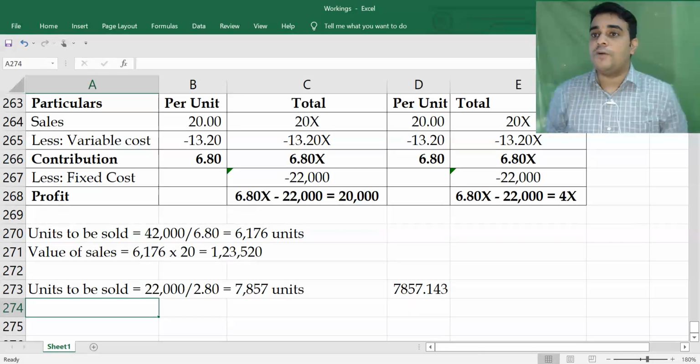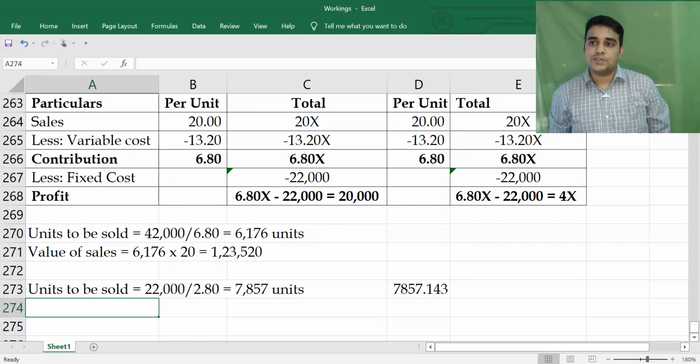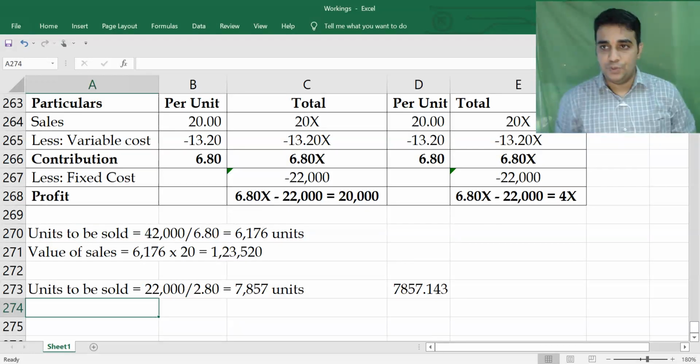Objective here was to maintain profit per unit.